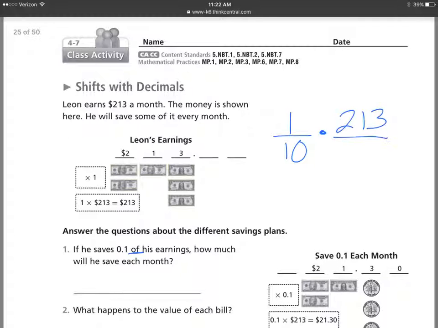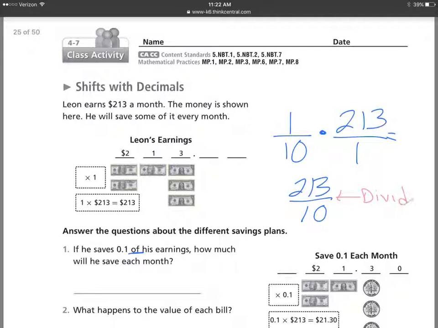And this is kind of interesting because if you write it as a fraction problem and solve, you would get 213 on the top and 10 on the bottom, which, as we know from fractions, means that the next step here would be to divide, because we know that this line means to divide.